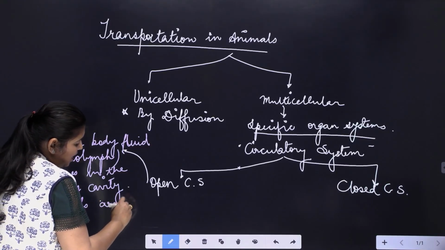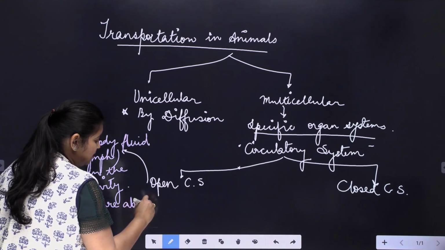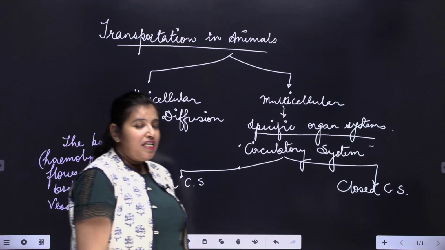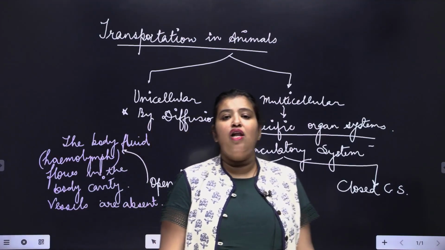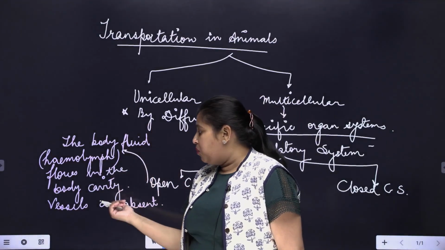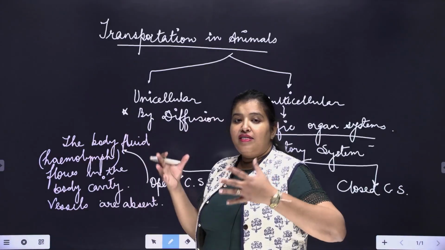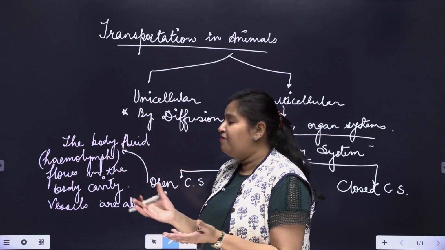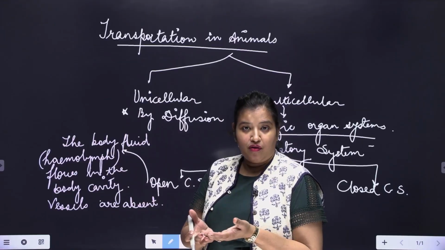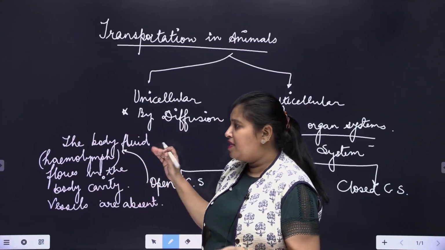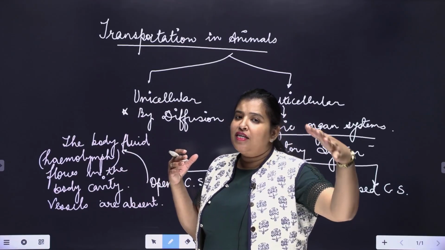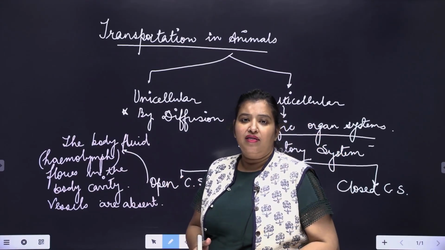So you know what it means? It means that each and every cell of this organism will have cells flooded with the hemolymph around itself. So hemolymph is flooding all the cells. That is, it is in direct contact with all the cells.